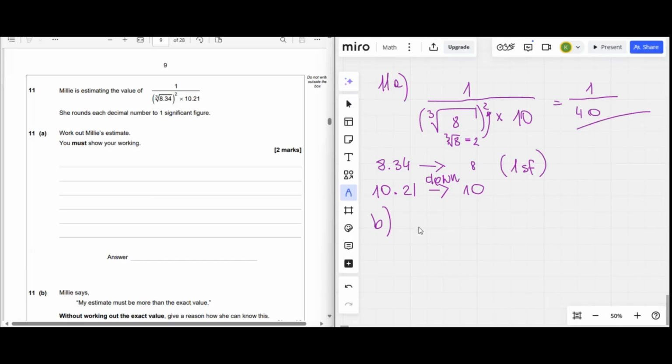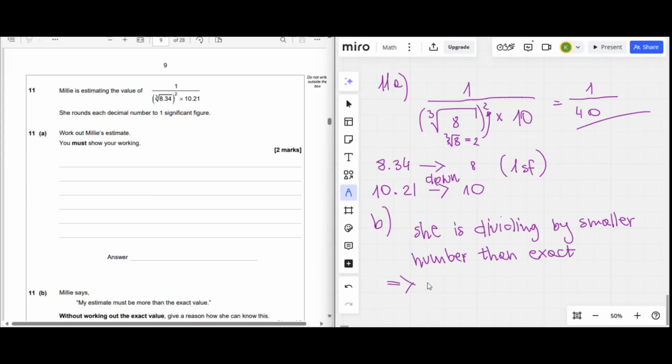So in total, she is dividing by smaller number than exact. Can you see that? Yes.